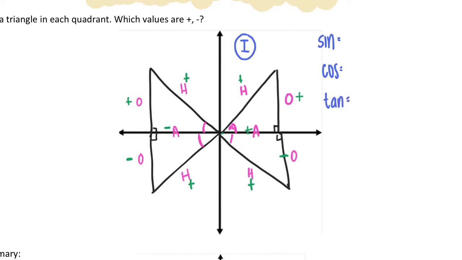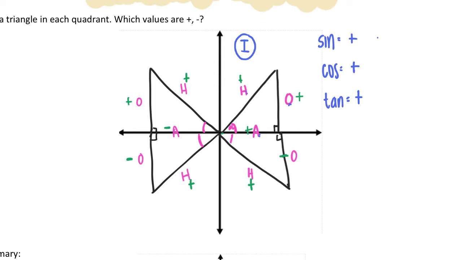In the first quadrant, if you took the opposite and put it over the hypotenuse, you'd have a positive over a positive, so sine would be positive. Cosine is the adjacent over the hypotenuse, again a positive over a positive number, so your cosine would be positive. And tangent would of course be the opposite over the adjacent, so a positive over a positive again, meaning that the tangent would also be positive.